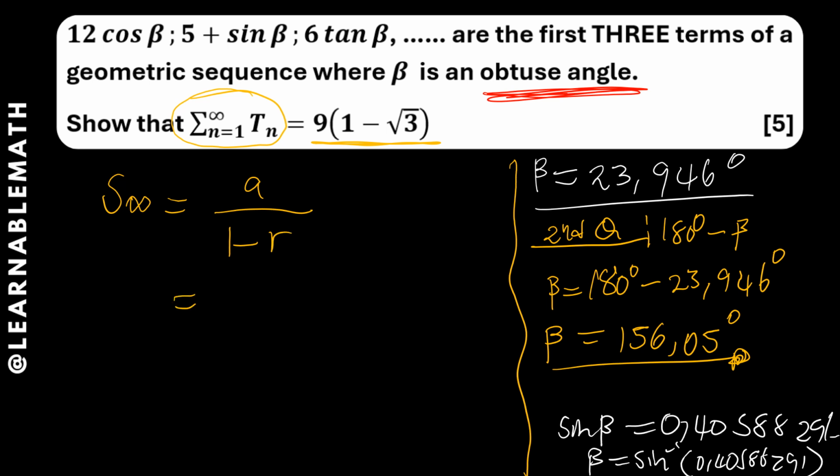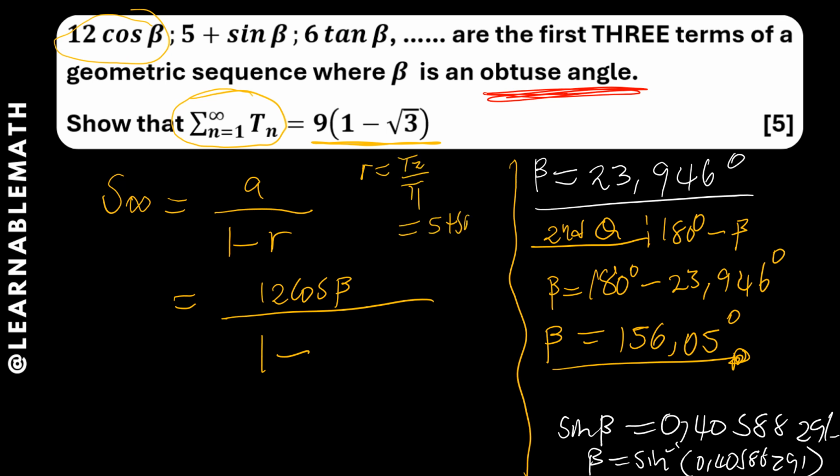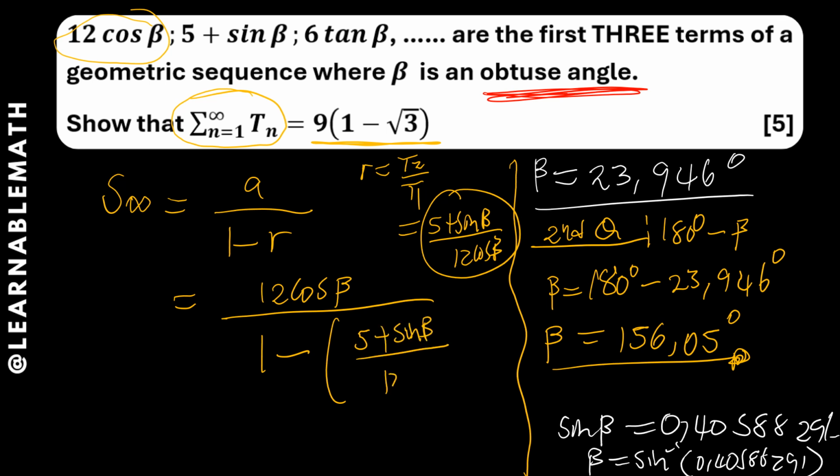What is our a? Our a is our first term, which is 12 cos beta, divided by 1 minus, what is our common ratio? Common ratio r is the second term divided by the previous term, which is 5 plus sine beta divided by 12 cos beta. Okay, so that's your r.